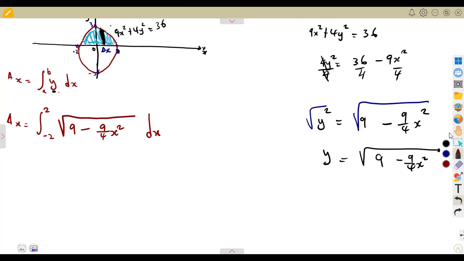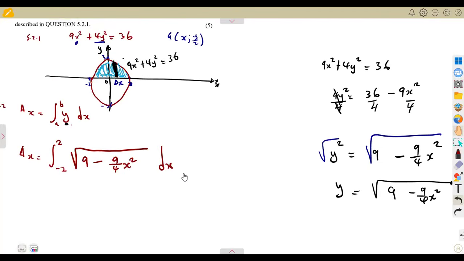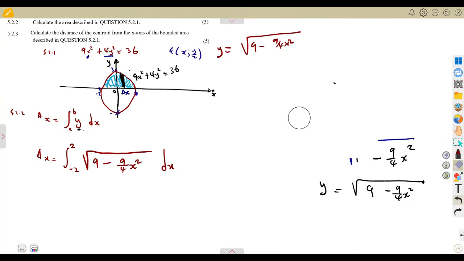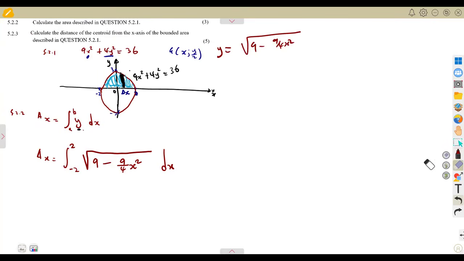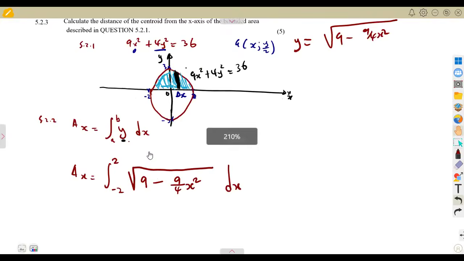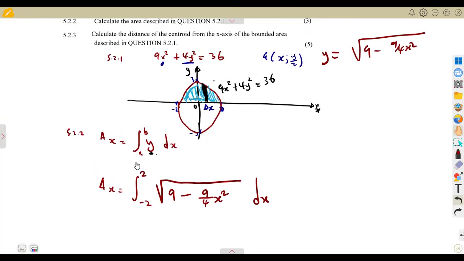So we manipulated from the equation that we had. We made y the subject, so y is equal to the square root of 9 minus 9 over 4x squared. But like I said, you're considering a square root, which we can't integrate directly.